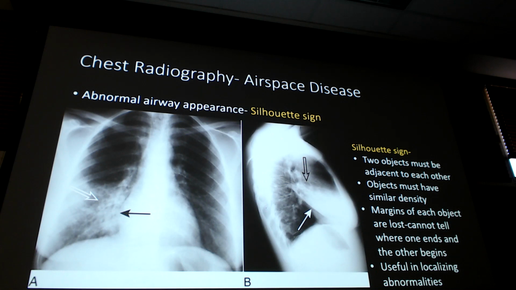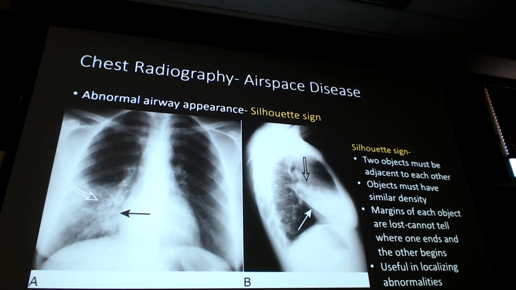Combining that with my lateral, I can see my heart here, but then there's something else going on that's kind of sitting right over the heart, at least on the lateral picture. I see my heart kind of there, but then I got this other brighter white grayish area. You can see it's shaped a little bit differently than my heart normally is. That's a silhouette sign.